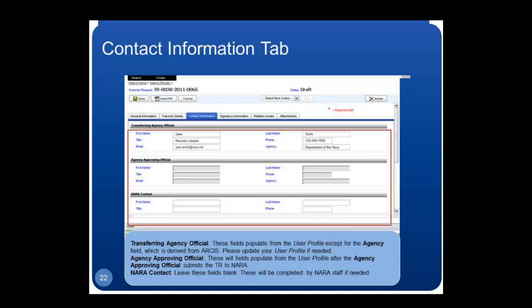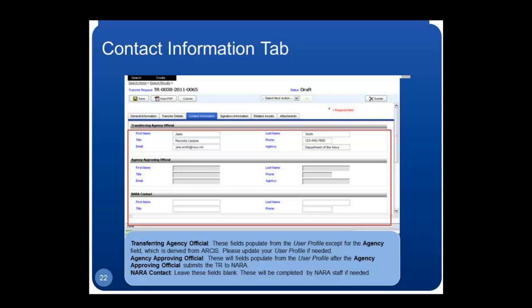Contact information tab is fairly simple. One of the things that Tim mentioned earlier about this, the transferring agency official, a person with that role, is usually the first user to open these transfer requests. That user's ERA profile information, name, title, email address, telephone number, will be supplied from the user's profile, if you're the person opening this, from your ERA user's profile into this section, so you don't have to type all that.